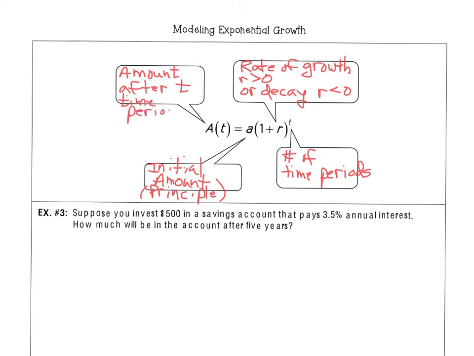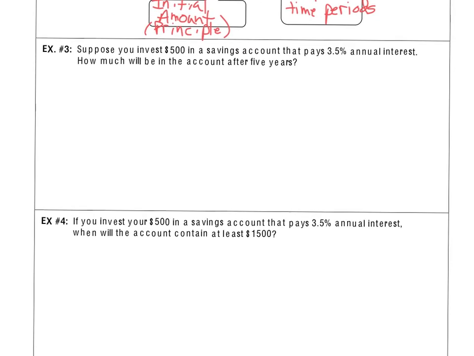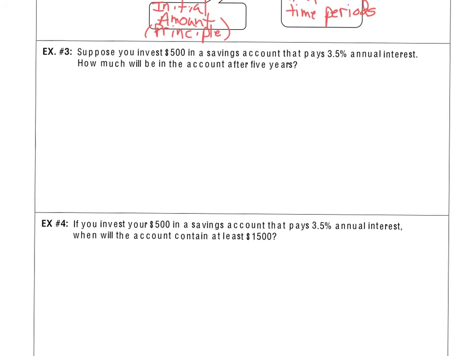So you are expected to know this formula. So put it on a flashcard and learn it. All right, let's go ahead and use this formula. I'm going to highlight a couple of things here as I go. So suppose you invest $500. That ends up being my A, in a savings account that pays 3.5% annual interest.